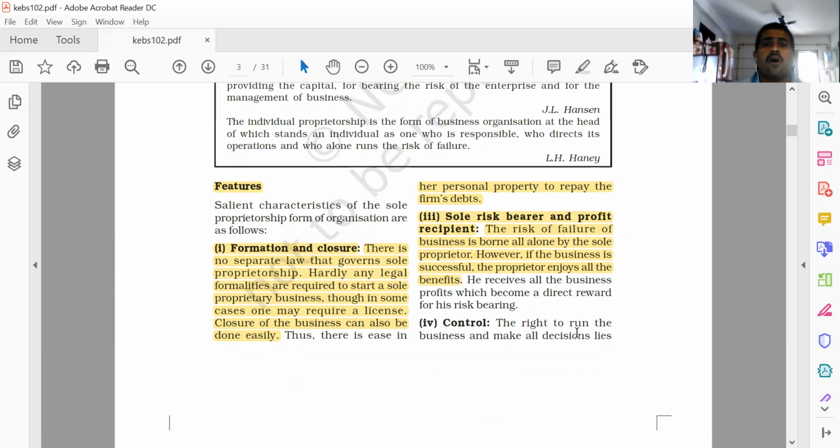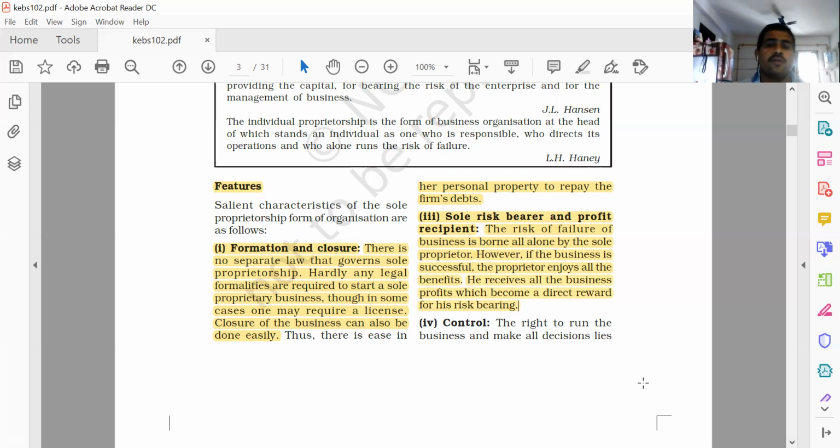He receives all the business profit, which becomes a direct reward of the risk bearing. The one who takes the risk gets the benefit. So friends, we have learned three topics. The first is the formation and the closure. Number two is liability. Third is the sole risk bearer and the profit recipient.